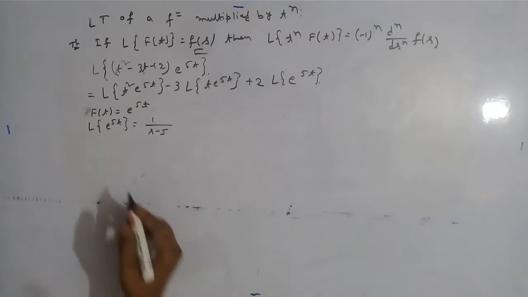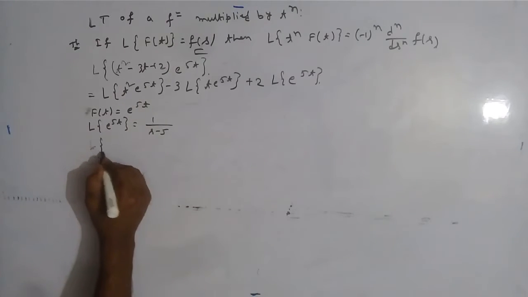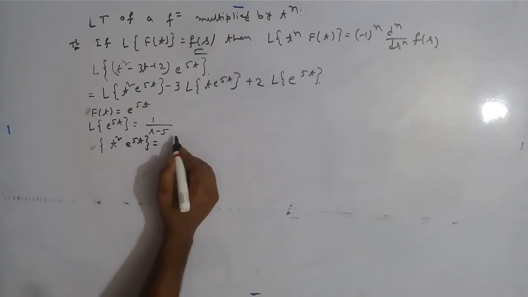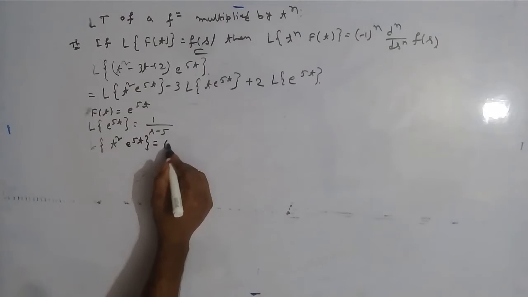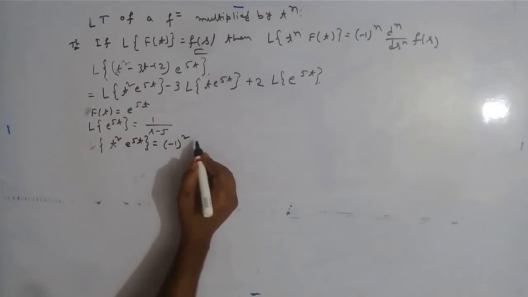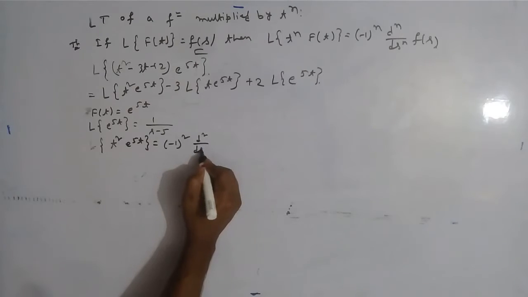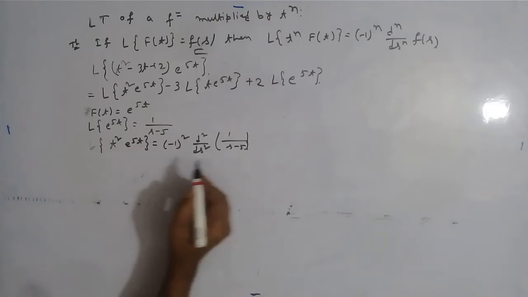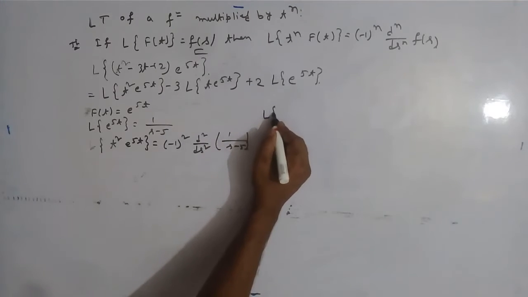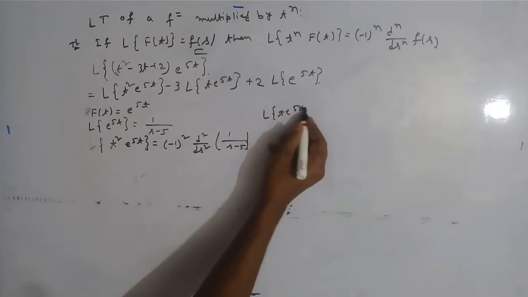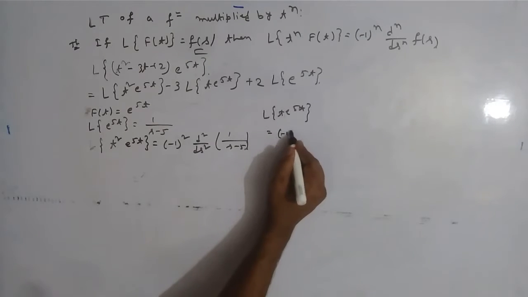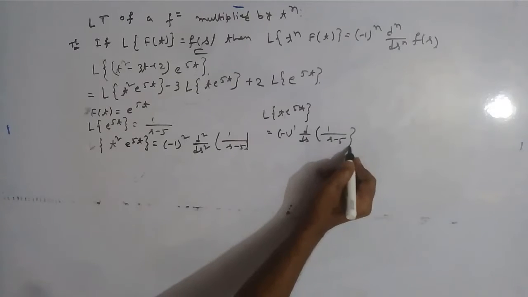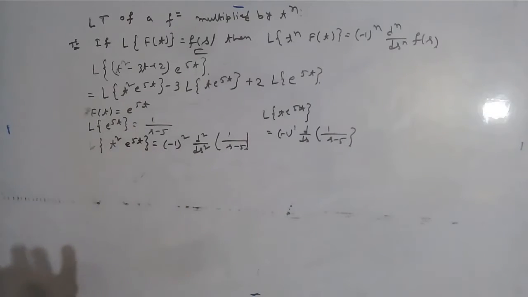Now e to the power 5t is multiplied by t square. So according to the above statement, L of t square e to the power 5t will be (-1)^2 d square by ds square of 1 by s minus 5. Next, L of t e to the power 5t will be (-1)^1 d/ds of 1 by s minus 5, and L of e to the power 5t we have already written.